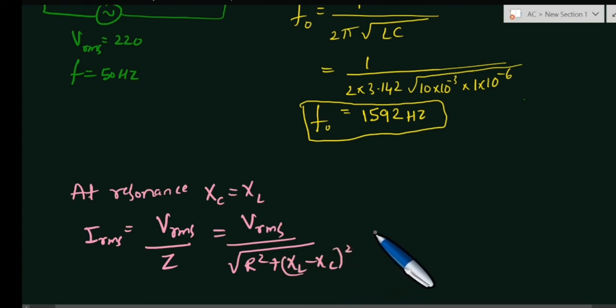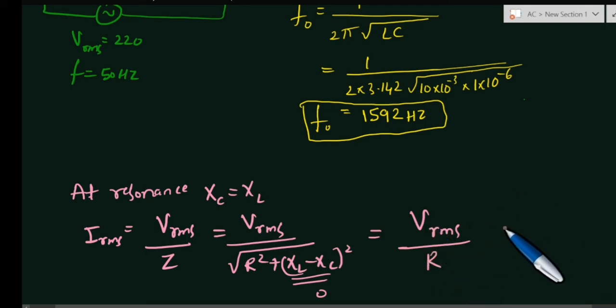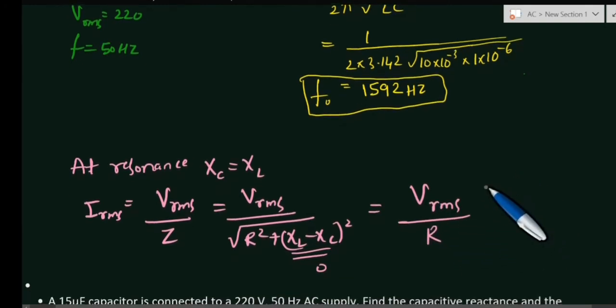Since XL is equal to XC, this value will vanish, and therefore we will get VRMS divided by R, and this is the IRMS value.